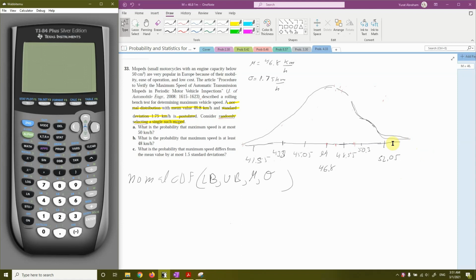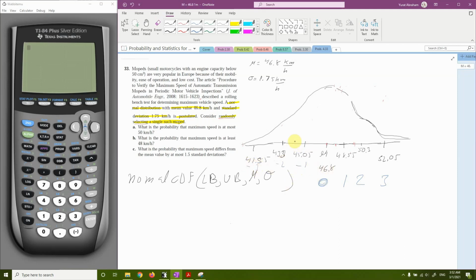Okay, all right. So problem C: what is the probability that the maximum speed differs from the mean value by at most 1.5 standard deviations? I have to be careful with these wordings. So pretty much, with the z-score of the mean at 0, we have 1, 2 and 3 standard deviations going right, and going towards the left we have -1, -2, -3.